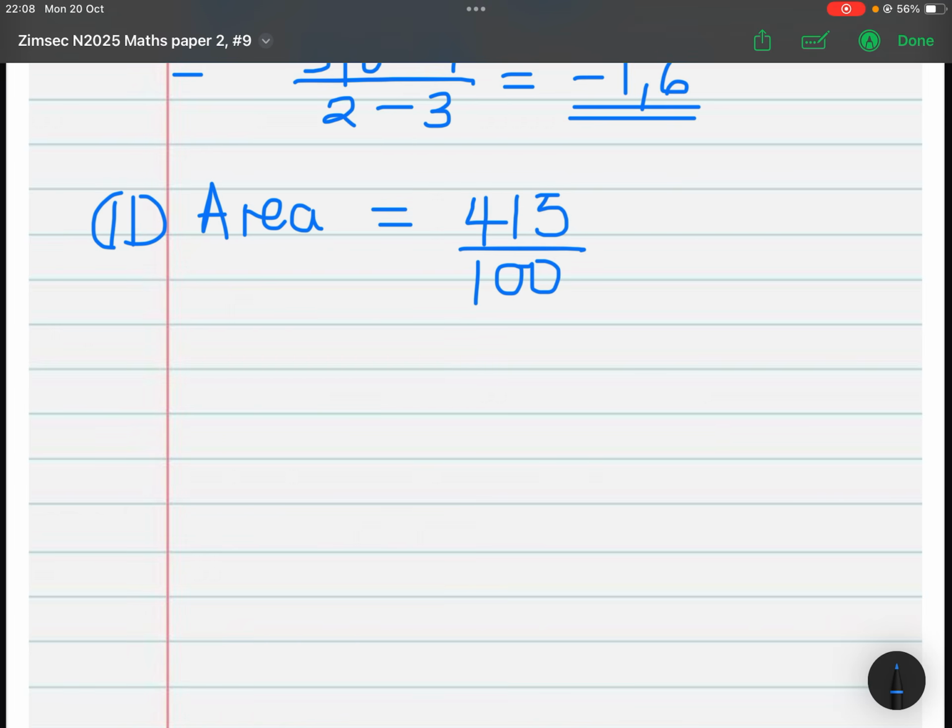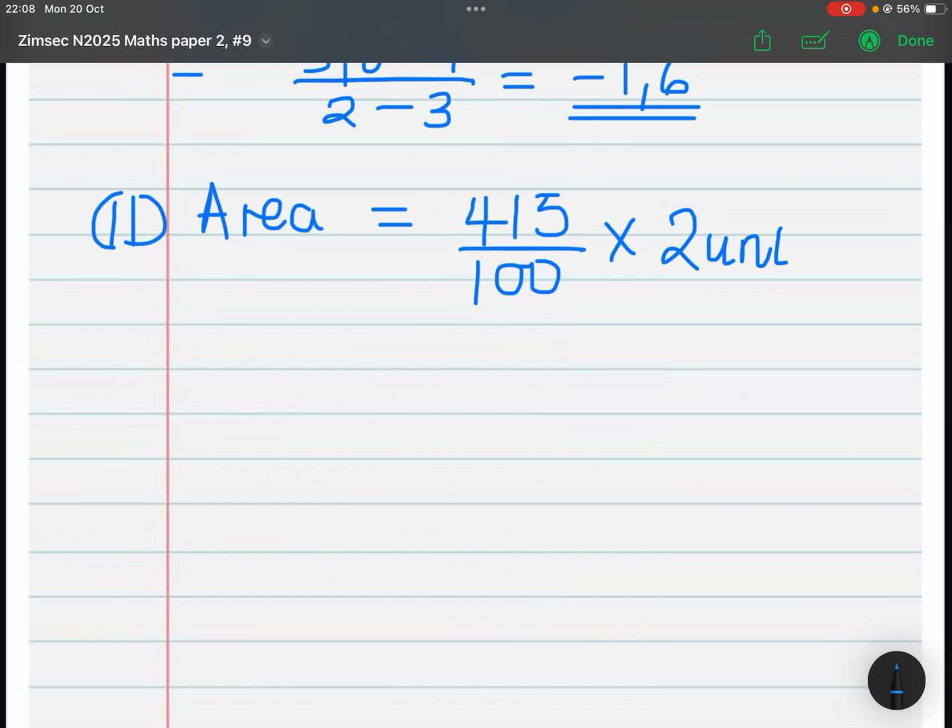It is 2 centimeters to represent 1 unit on the x-axis and 2 centimeters to represent 2 units on the y-axis. It means that the complete box, which has 100 smaller boxes, is equal to 2 square units.